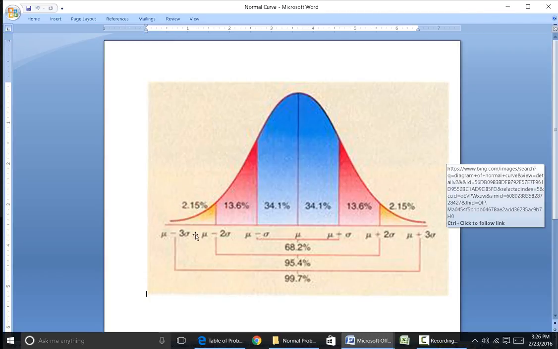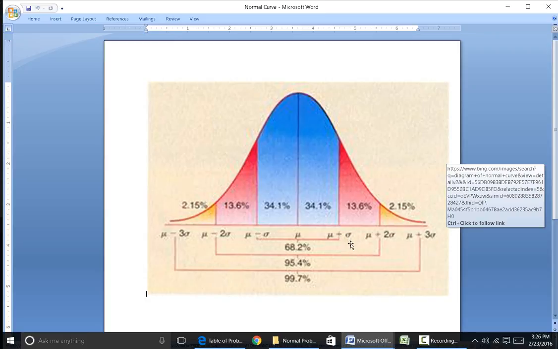Okay, so this value here in the middle, which they use a Greek letter mu, it represents the mean. So let's suppose that in this particular case we gave an IQ test and the mean or the average on that test was 100. Okay, let's suppose sigma, this symbol here, that's the standard deviation.